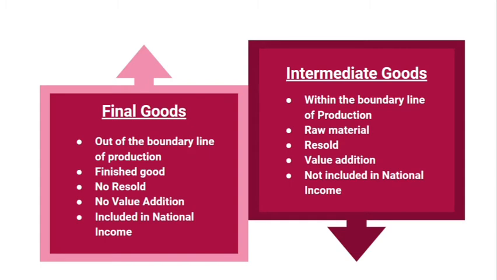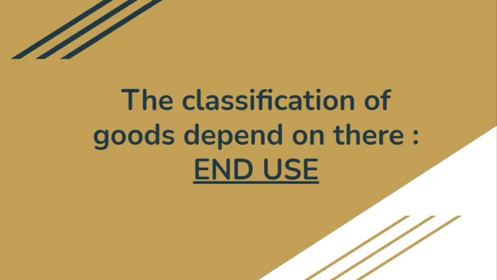So it is very difficult for us to characterize which thing is a final good and which is an intermediate good. The simple answer is that the classification depends on the end use. If you know the end use, then you can clearly classify the good as a final good or an intermediate good. So this is about the final and the intermediate goods.